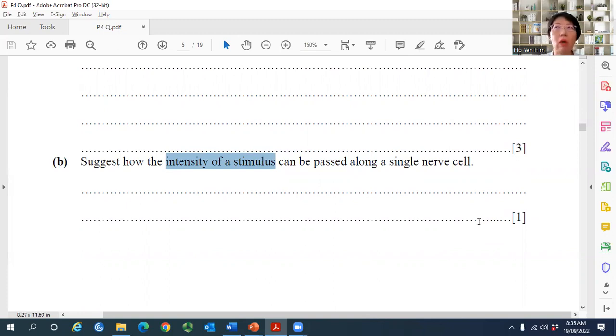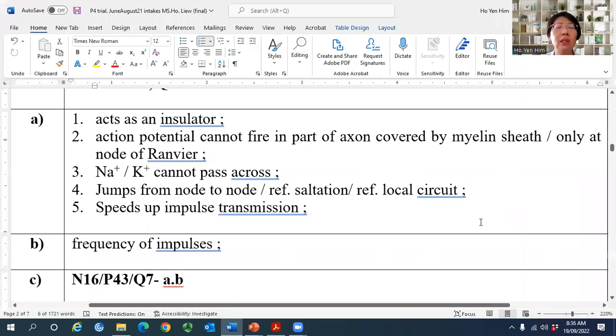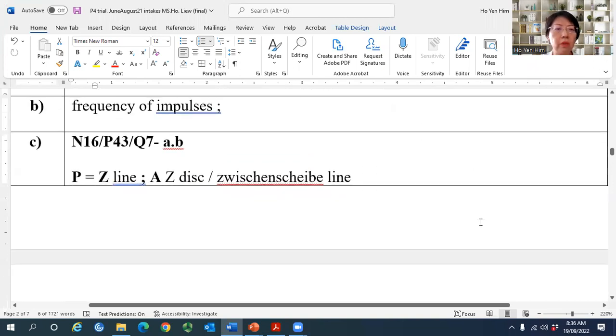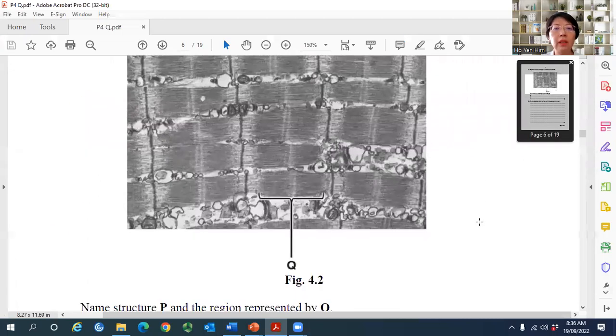So how will it tell our brain that the sensation is stronger and stronger, stimulus is stronger and stronger? Then of course, you have to use the frequency of the electrical potential to show intensity of stimulus. Okay, now C is to label different parts.